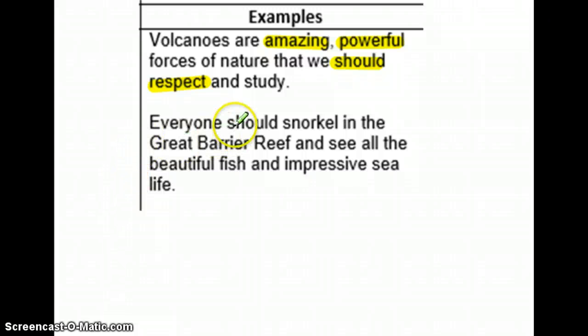Second passage, everyone should snorkel in the Great Barrier Reef and see all the beautiful fish and impressive sea life. Once again, we have adjectives that are complimentary and show a bias towards. So we can tell that both of these passages are designed to persuade rather than inform.